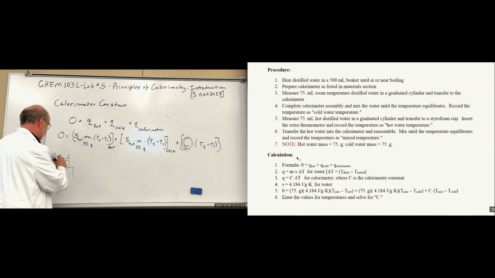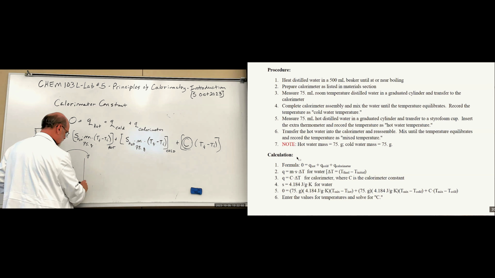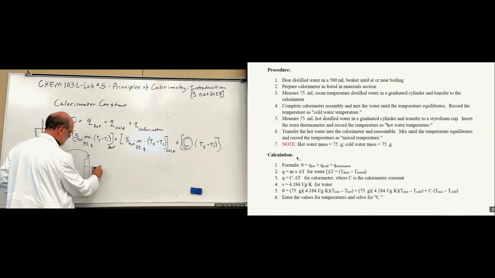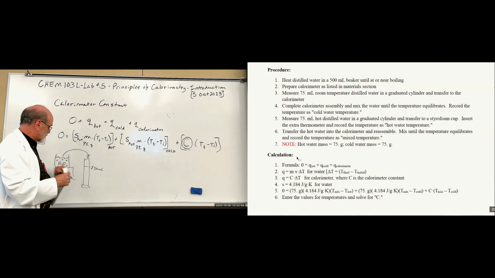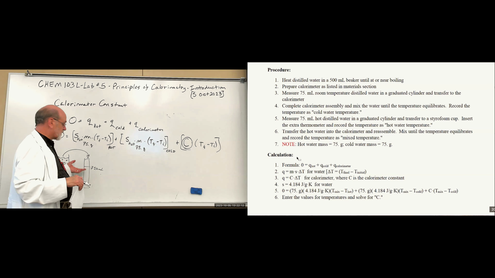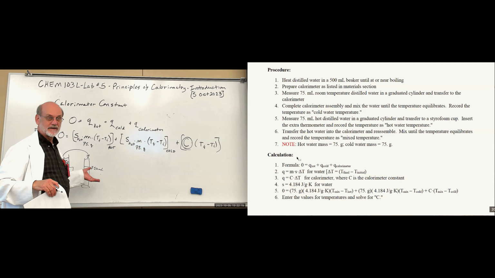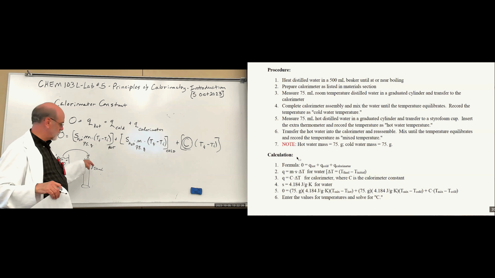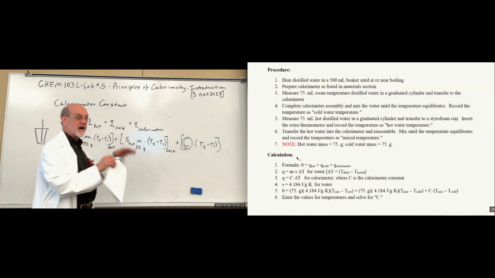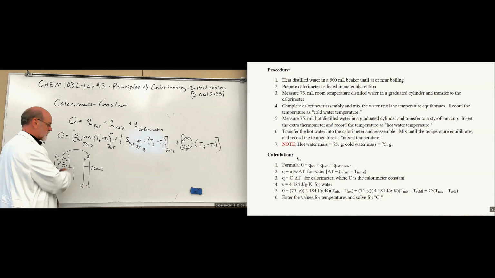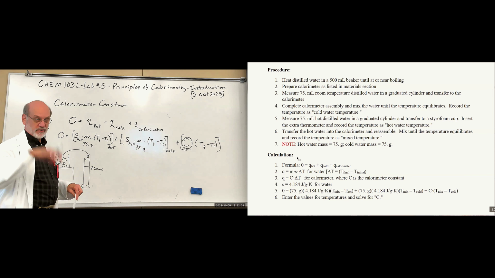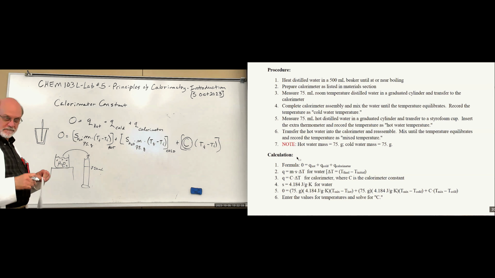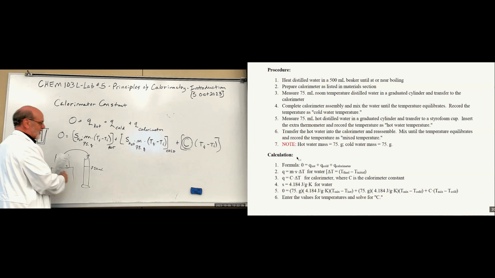And the other one, you take this water and put it into a graduated cylinder up to 75 milliliters. And once you get 75 milliliters, you can stick the thermometer in there and let it come to that temperature. But you want the temperature immediately before you combine them. You don't want to take the temperature and let it sit because it's going to drop. So you want the temperature right before it goes in the calorimeter. Okay. All right.